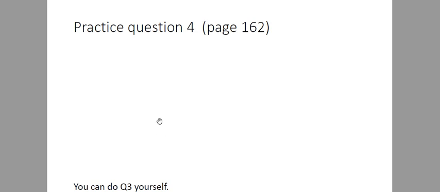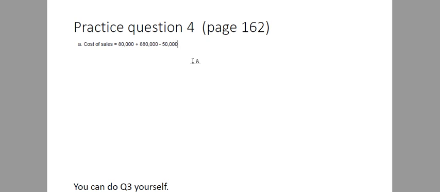There's question 4 on page 162 also. This has 2 parts in it. The first one is calculate the cost of sales. So part A is the cost of sales. And now we will directly calculate it. So cost of sales will be equal to the opening inventory, which is 80,000, plus the purchases 880,000 and minus the closing inventory, which is 50,000.